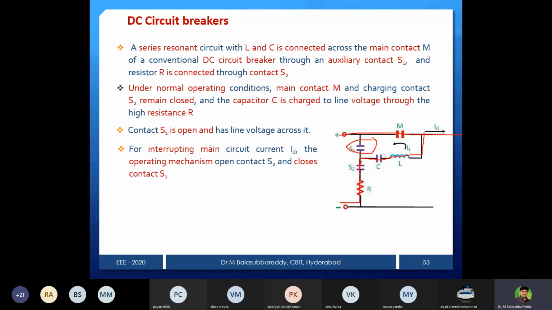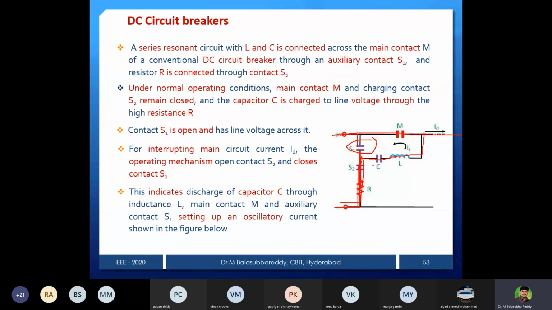Once it is open, this portion is shorted across this point, and this upper plate is connected to the positive and the lower plate is directly connected to the negative. Hence we can say that the capacitor is open circuit, and the voltage across it will be the source voltage. This indicates discharge of the capacitor C through the inductor L. That means it discharges through the inductor L, the main contact, and the auxiliary contact S1, up to an oscillatory current.